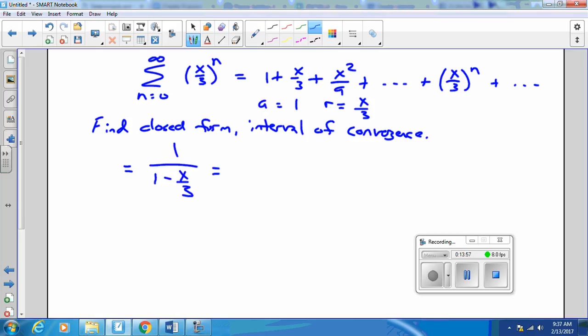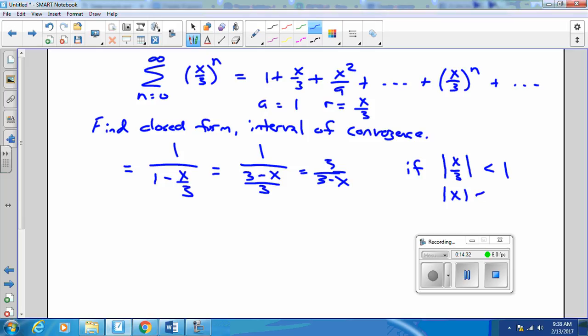Simplify things. Yep. It turned out to be 3 over 3 minus x, if the absolute value of x over 3 is less than 1. So x over 3 is less than 1, take it out.